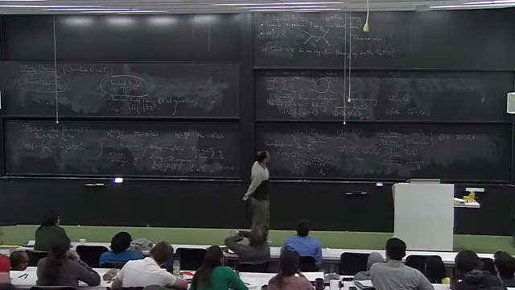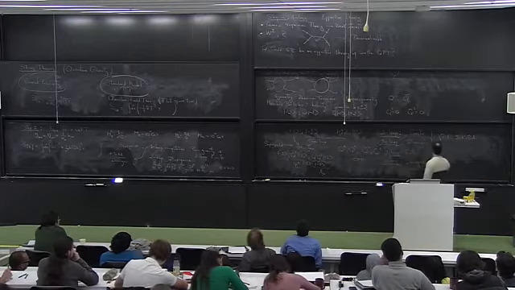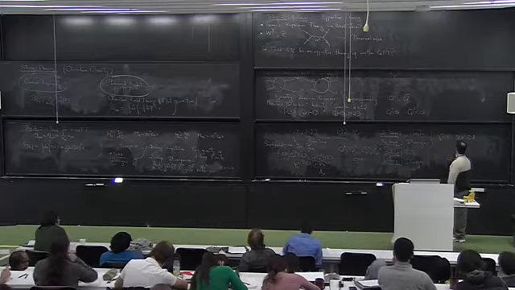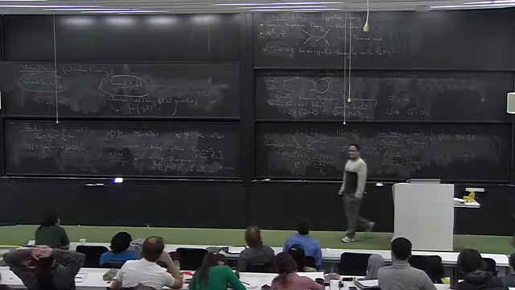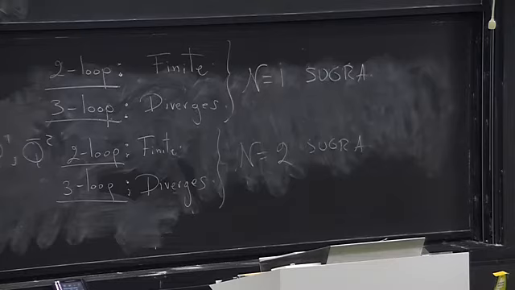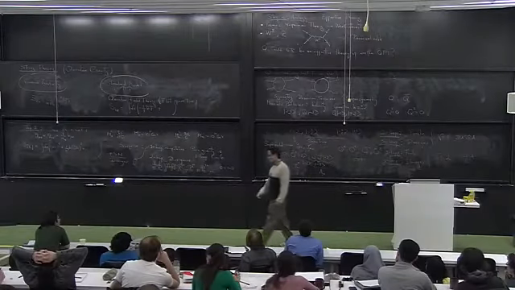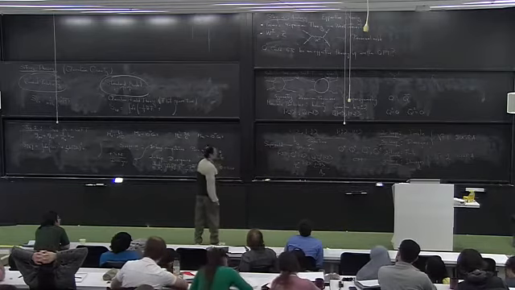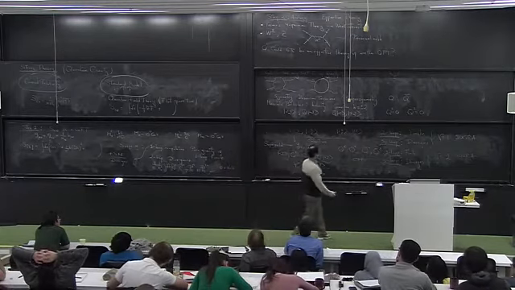Let's see, what are the chances that you got all this right? In other words, there is no symmetry that protects the appearance of this three-loop counterterm. Okay? So you would think, and everybody thought, that perhaps the theory was dead. I mean, that's it.